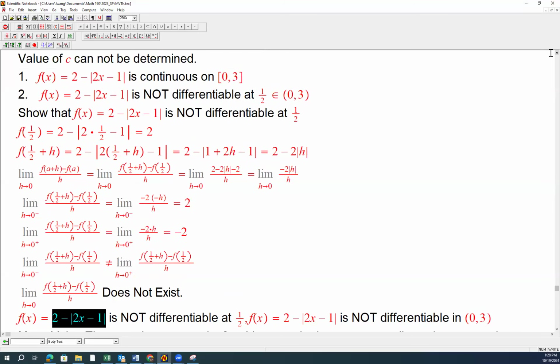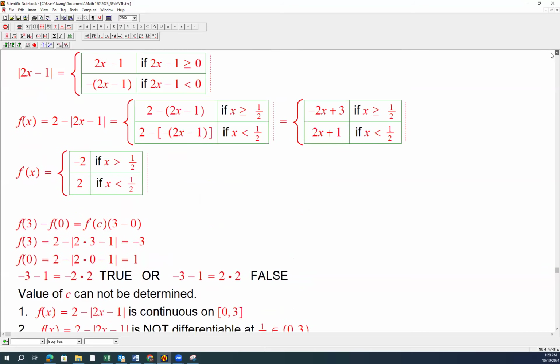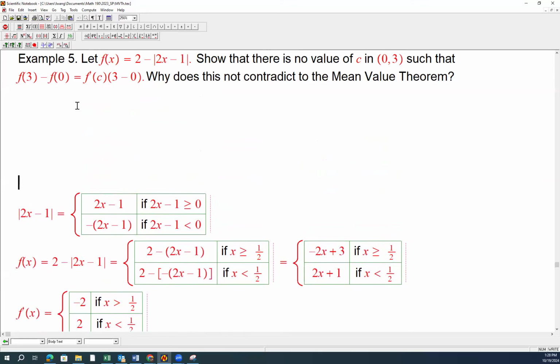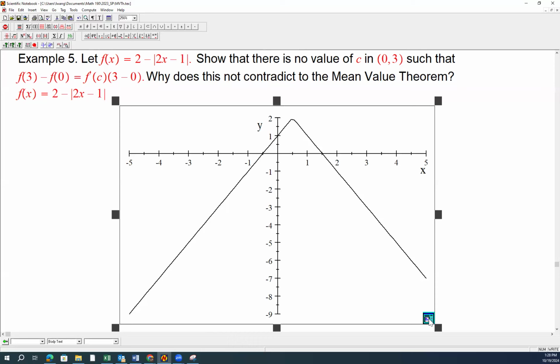Last but not least, we're going to show in the examples whether the mean value theorem applies or not. And this time we're going to just look at the graph of this function. Look at the graph of the function to make some sense out of it.